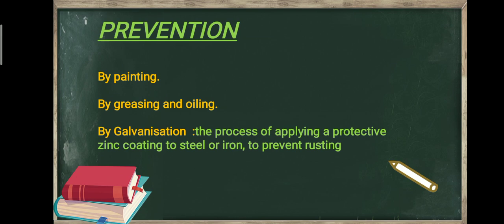Galvanization is the process of applying a protective zinc coating to iron or steel to prevent it from rusting. I am repeating again, in galvanization a protective coating of zinc is used. So these were the different methods of prevention of corrosion.